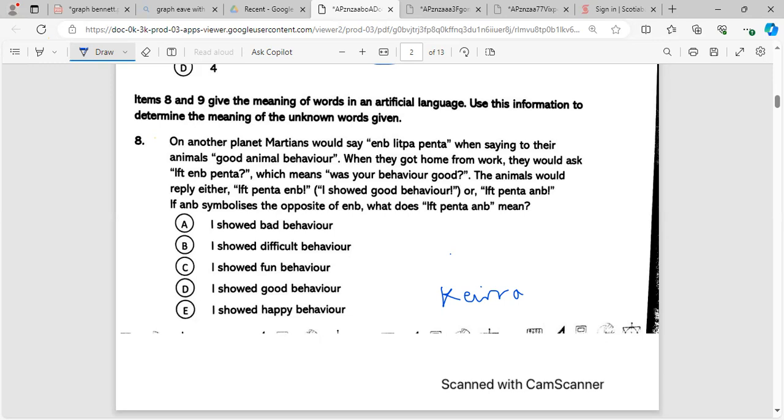When they got home from work, they would ask, Lift Enbe Penta, which means, was your behavior good? The animals would reply either Lift Penta NB, I showed good behavior, or Lift Penta Anbi, if Anbi symbolized the opposite of NB.